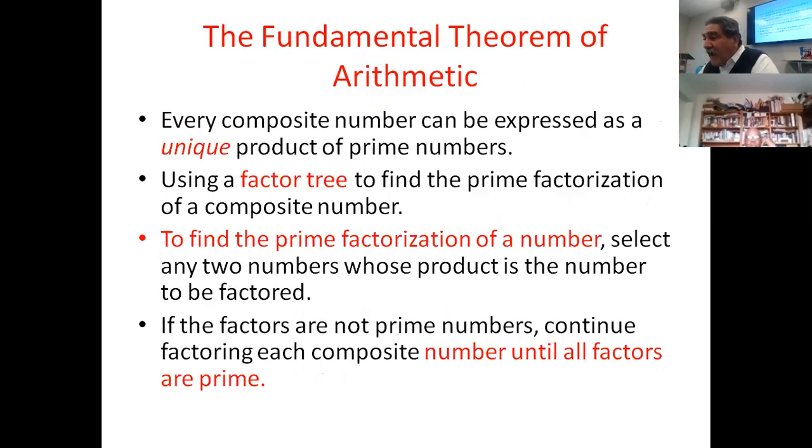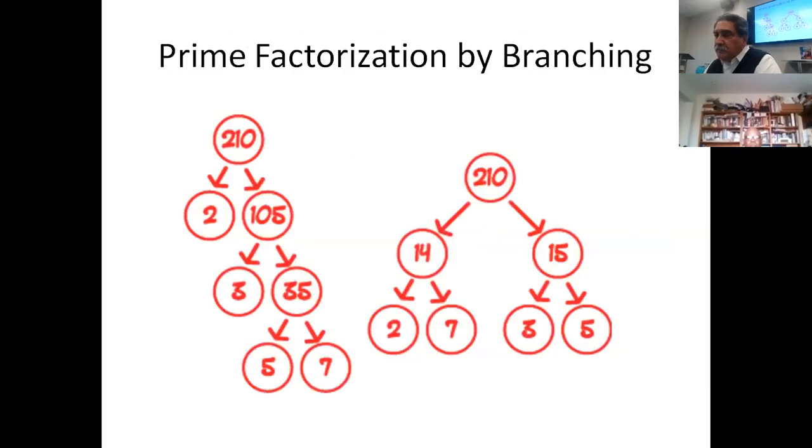Now we use a factor tree to find the prime factorization of a composite number. To find the prime factorization of a number, you select 2 numbers whose product is the number to be factored, and you keep going until you get all the factors that are prime. Let me show you an example to make sense.